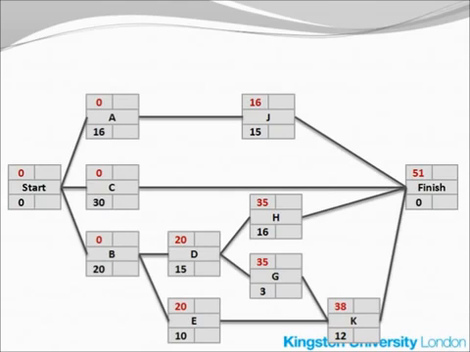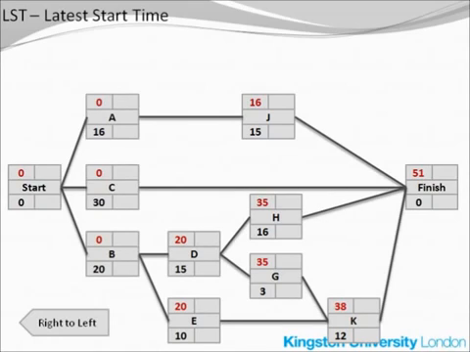Let's move on to the latest start time, LST, not LSD. LST is the latest time in which you can start any activity so as not to cause the entire project to delay. This calculation starts at the finish node, and then it is developed from the right to the left until the start node.